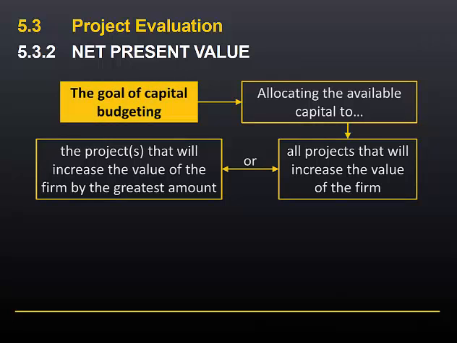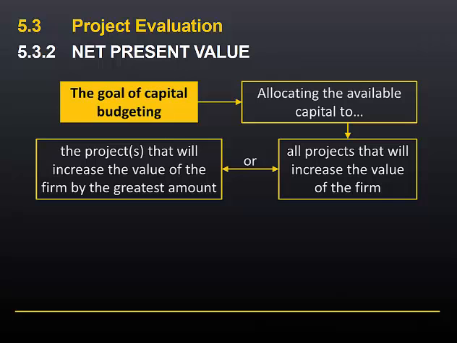Project evaluation is used as part of the process of capital budgeting, which means determining how to spend the firm's available capital on investment projects. The goal of capital budgeting can be expressed in two ways: allocating capital to all projects that will increase the value of the firm, or to the project or projects that will increase the value of the firm by the greatest amount.